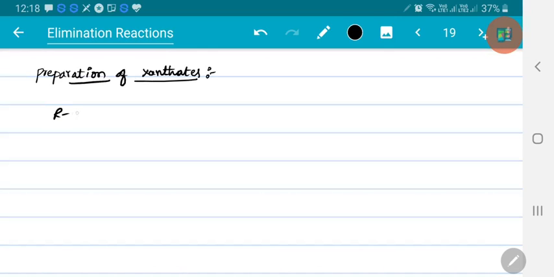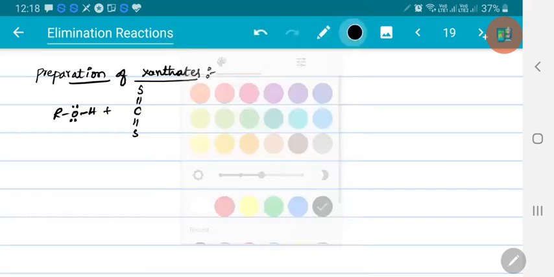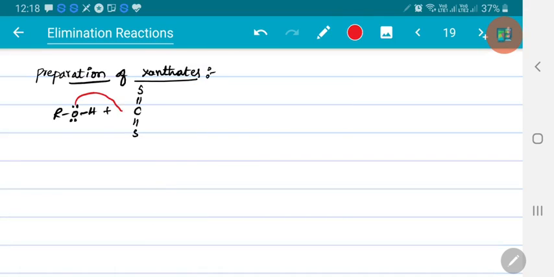If you take any alcohol and allow it to react with carbon disulfide, CS2, which is used as a solvent, then this oxygen donates a lone pair of electrons, making this bond shift in one direction. If you take any organometallic compound of lithium, then R minus will attack. So this leads to product formation.